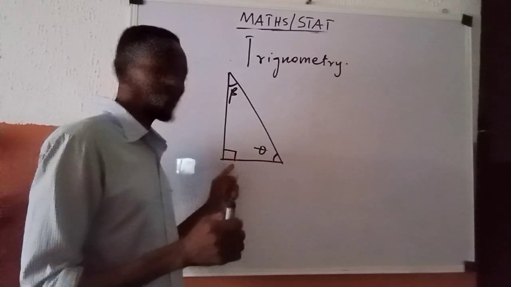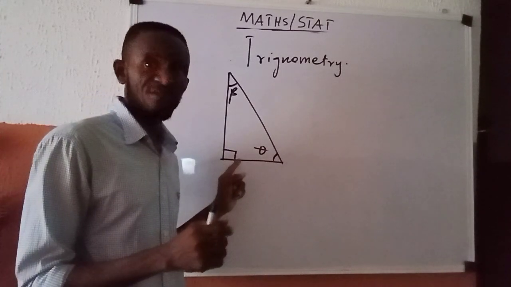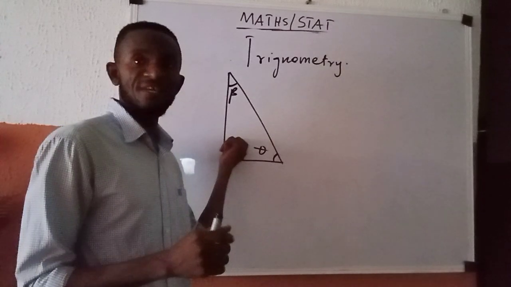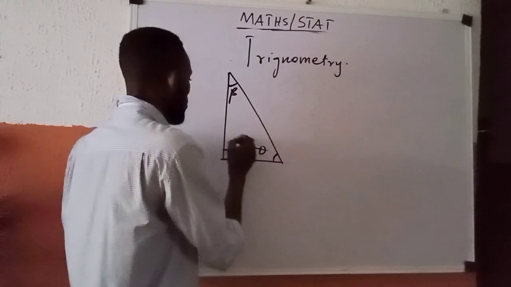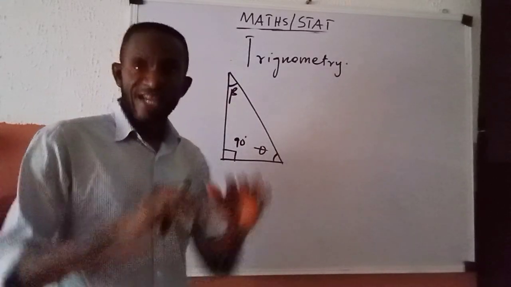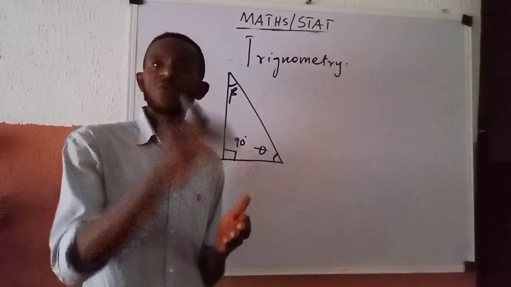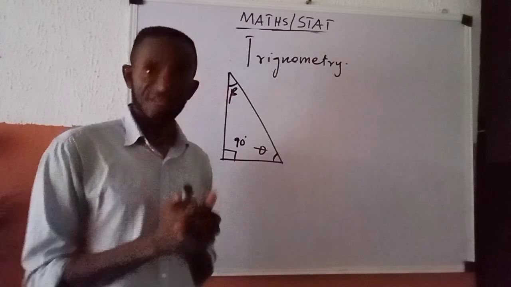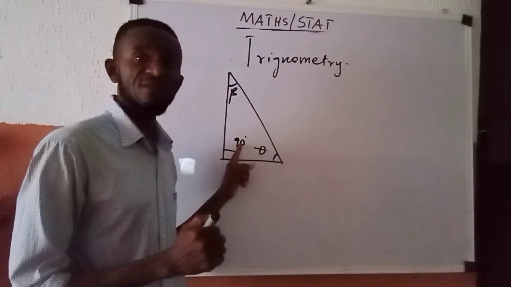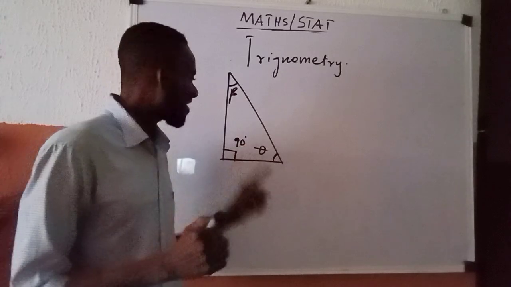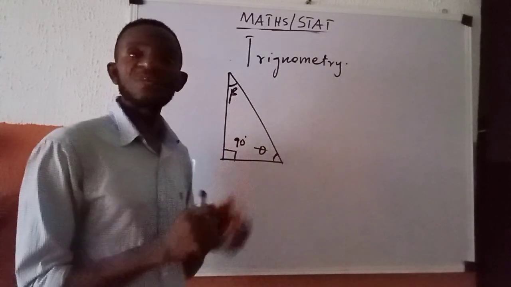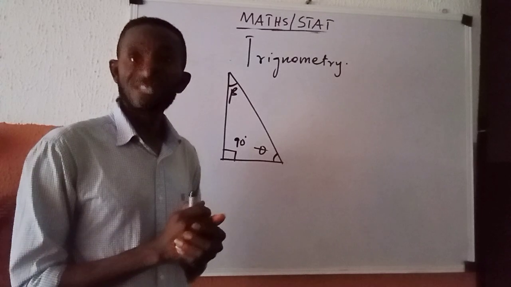This sign here stands for right angle. So it tells us that here is already 90 degrees. So I can easily write here 90 degrees. And the total angle in a triangle is 180 degrees. So if here is already 90 degrees, it implies that the sum of this theta and beta must be equal to 90 degrees.